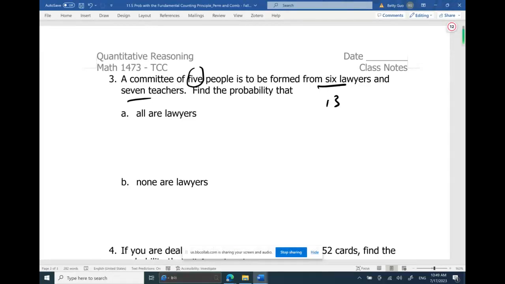Find the probability for the following 2. Okay, so the sample space should contain C(13,5). Our experiment here is to randomly select 5 people from the 13 people in total to form a subgroup. And that's going to be the denominator.